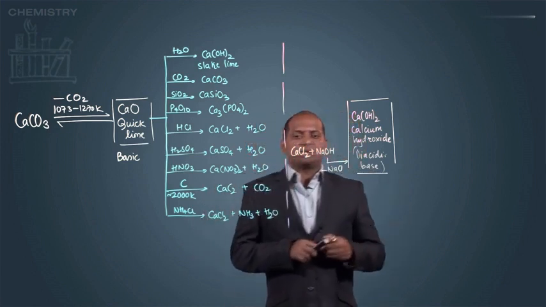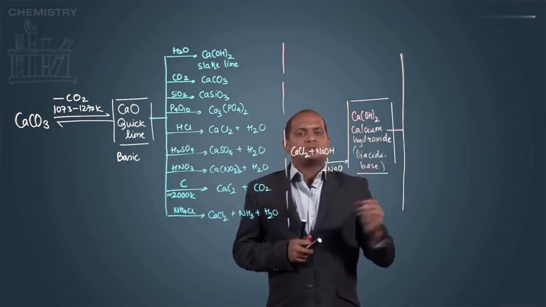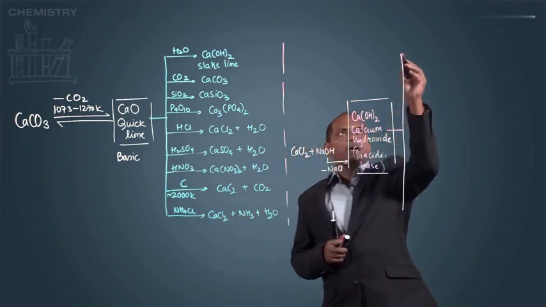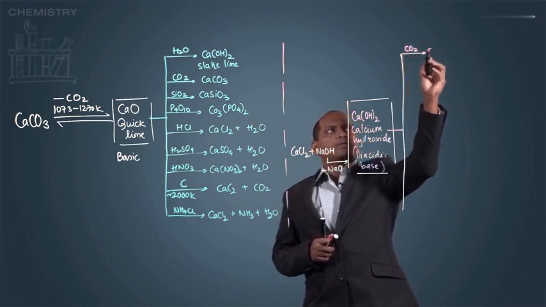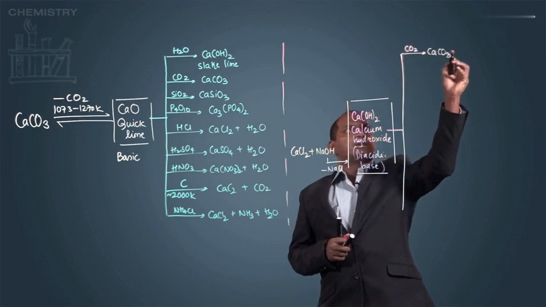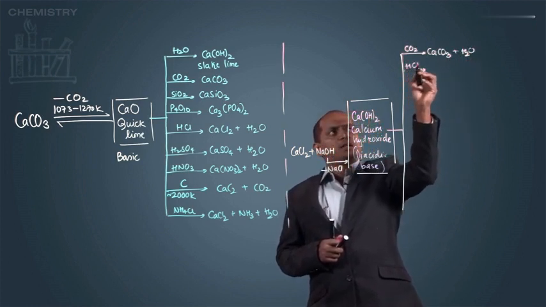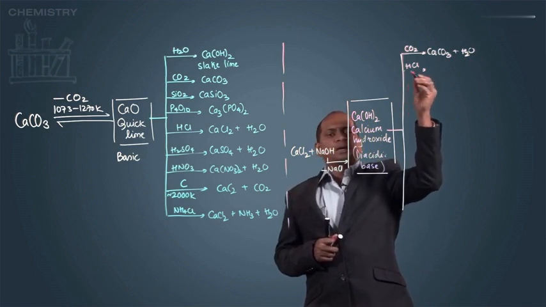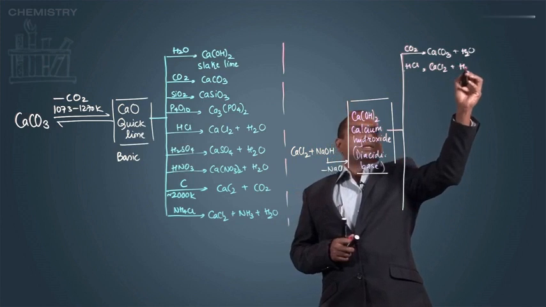Again, it is a diacidic base, so it will react with various compounds. It can react with CO2, so that we get calcium carbonate plus H2O. It can react with HCl, being diacidic it accepts 2 protons, and we get CaCl2 plus H2O.